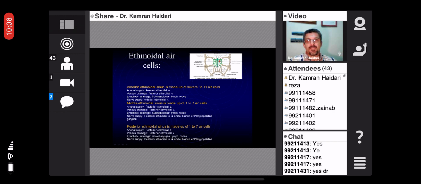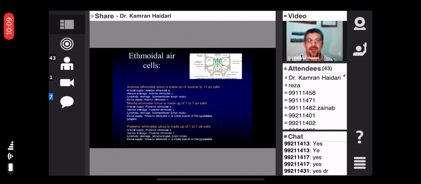There are many foramina in the cribriform plate, and the axons of the olfactory neurons pass through this cribriform plate to reach the olfactory bulb, which locates here.